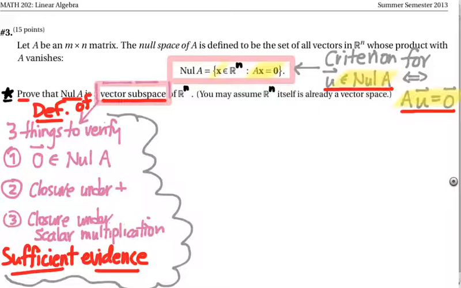So let's take a moment and do that translation for every one of these three statements, starting with the 0 vector. That the 0 vector belongs to the null space of A, therefore translates to what? What will we need to verify? Here the role of u is being played by the 0 vector.